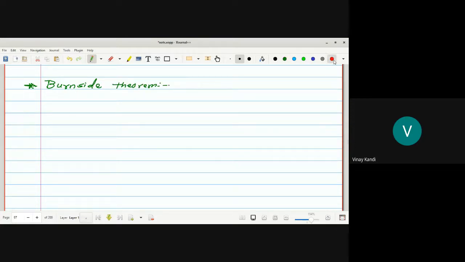Okay, look at the statement. Let G be a finite group. G is a finite group. It is written finite group because for infinite we probably get a contradiction, so it is not for infinite. Okay, statement: let G be a finite group and let capital X be a finite G set. Wherever we get a finite G set or G set, these two conditions will be true.